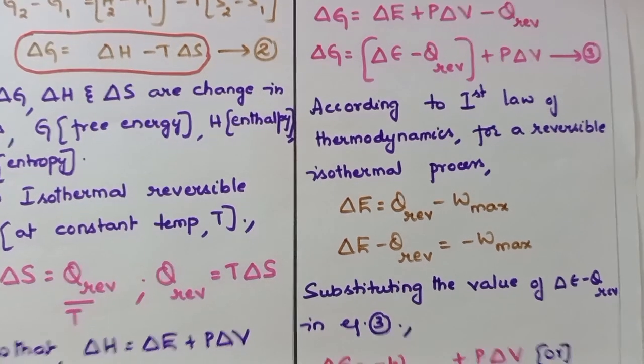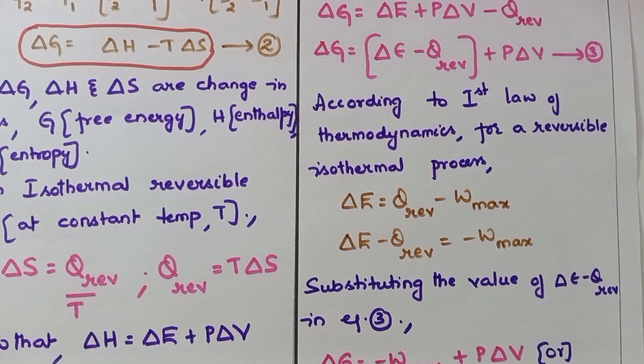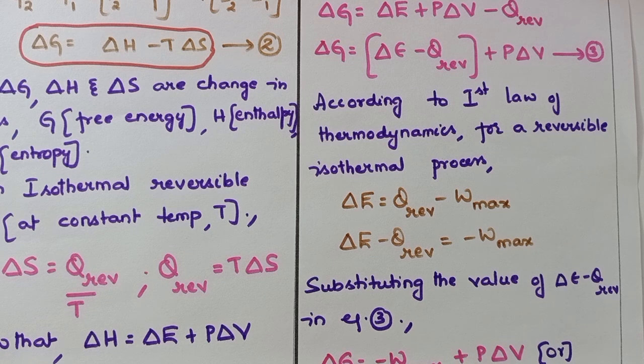Below write down. According to the first law of thermodynamics, for an isothermal reversible change, we know that delta E is equal to Q reversible minus W max.